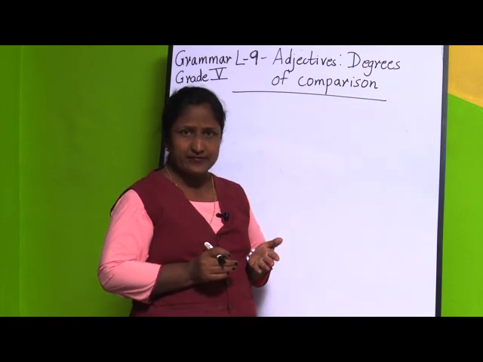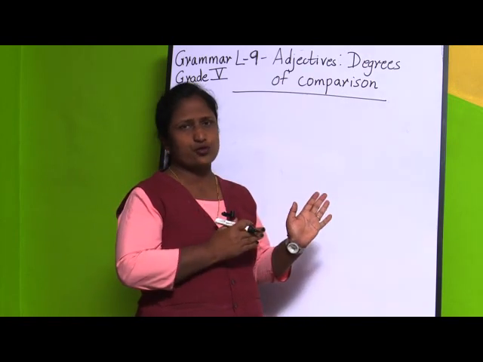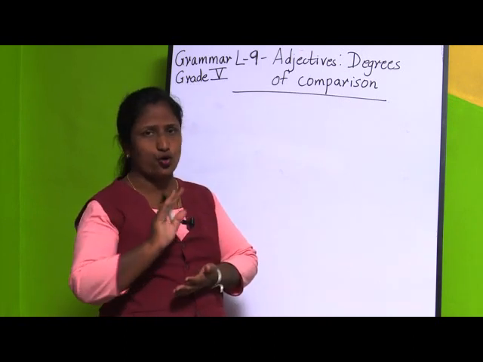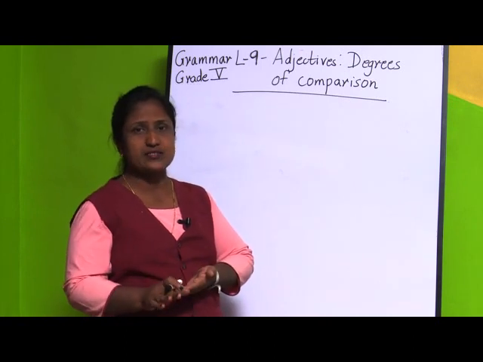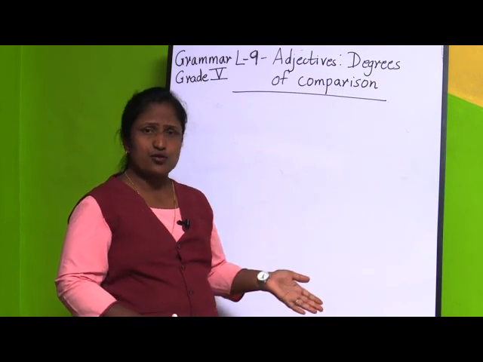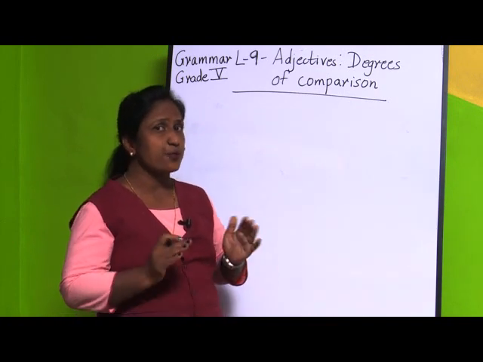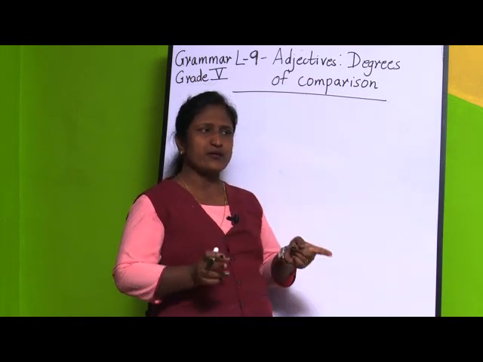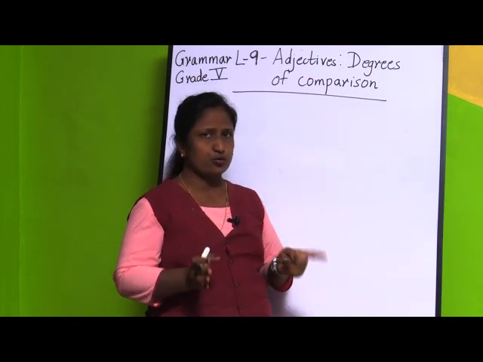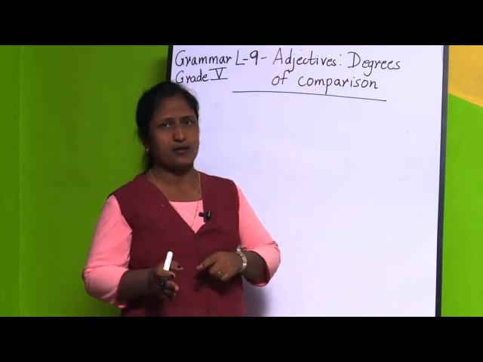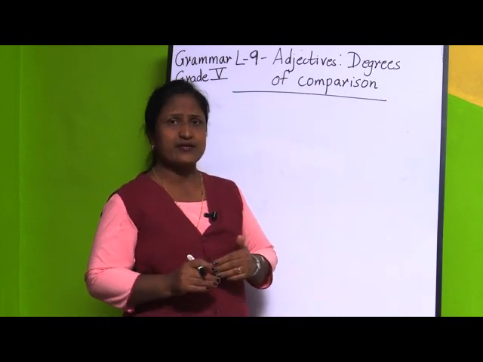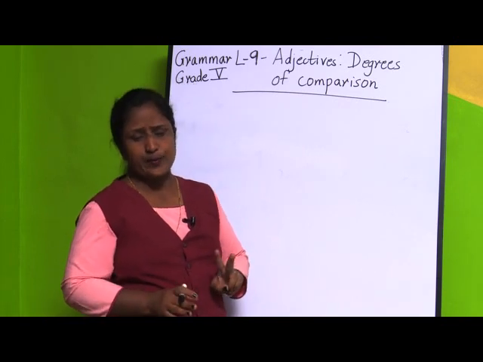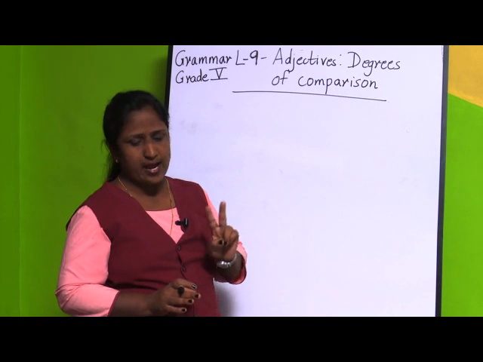But in comparative degree, as I told you at the start, in positive degree we are not going to show comparison at all. So, here also we have not shown the comparison. In positive degree, we have shown the equality, meaning one quality will be there for two persons, two animals, or two things, or one person and one animal. But in comparative degree, here we are going to show the comparison between two persons, two things, or two animals.